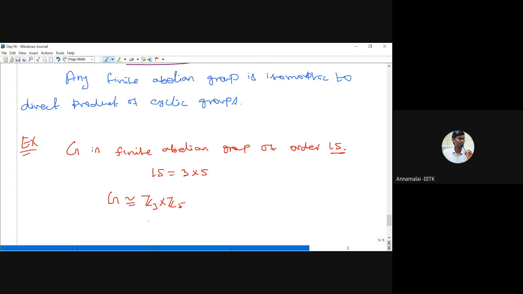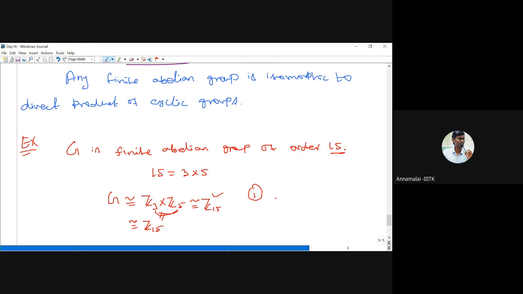Otherwise you can write it as isomorphic to Z15. But anyway, both are equal. Why? Since the GCD of 3, 5 is 1, this is isomorphic to Z15. Therefore, we have only one non-isomorphic abelian group, namely Z15. The number of non-isomorphic abelian groups of order 15 is only one.